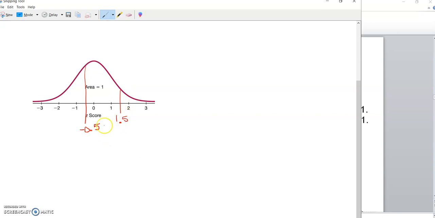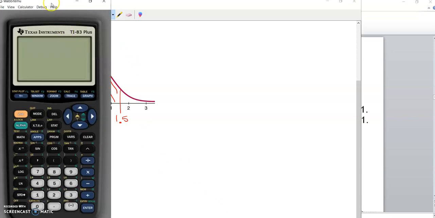The empirical rule didn't have a percentage for us to memorize for this area. So what we're learning is how to find the area when it's not one of those three: 68, 95, or 99.7. And so this is where our calculator comes into play.